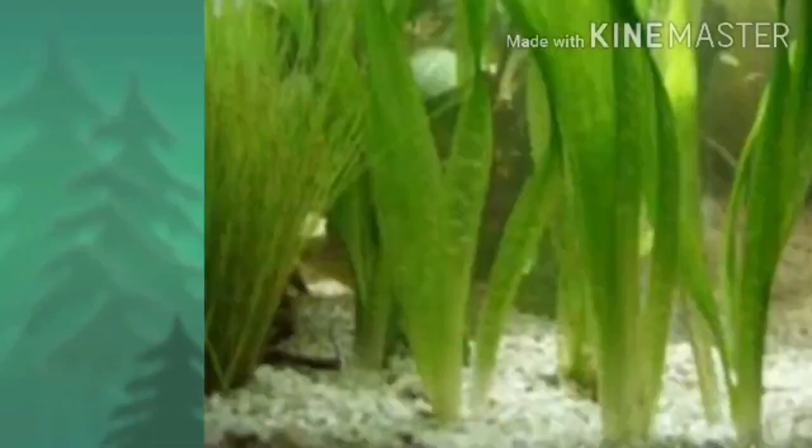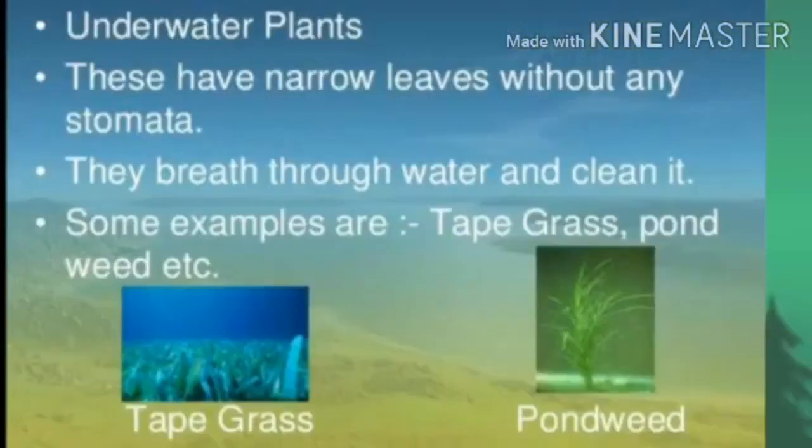The roots are fixed to the soil at the bottom of the pond. They have narrow leaves to withstand, and the leaves do not have any stomata. These plants breathe through their body surface.